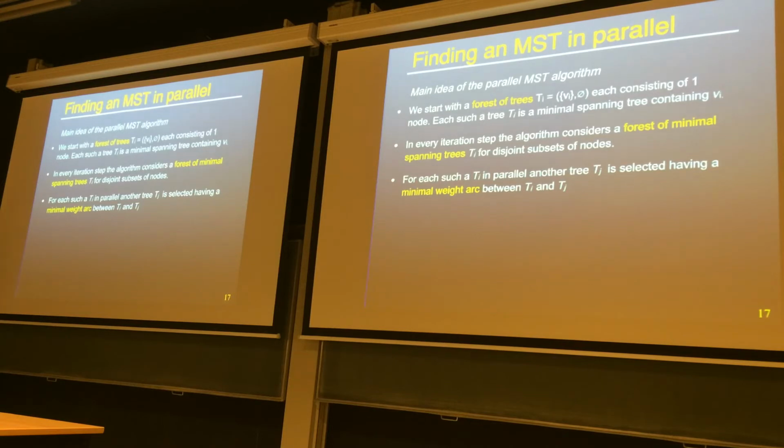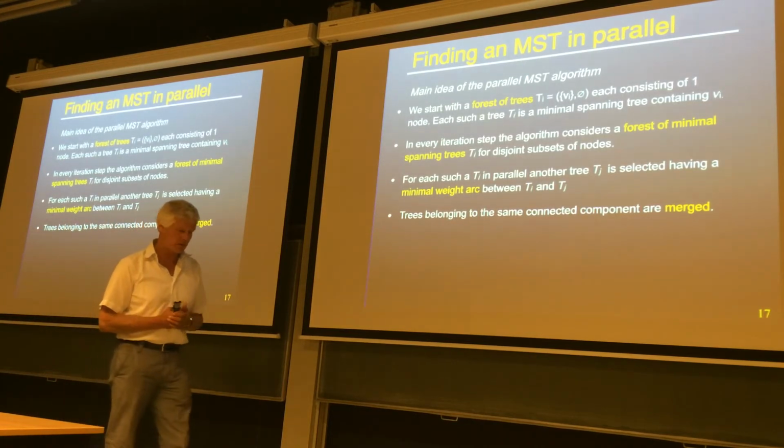So for each Ti and Tj you select such an edge with minimum weight that connects Ti and Tj.